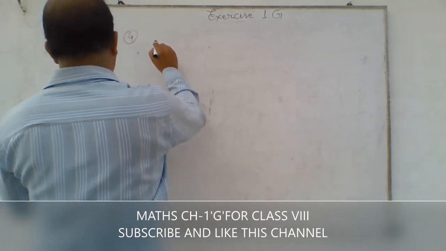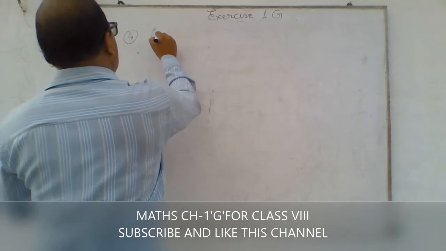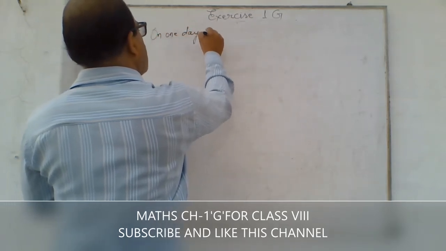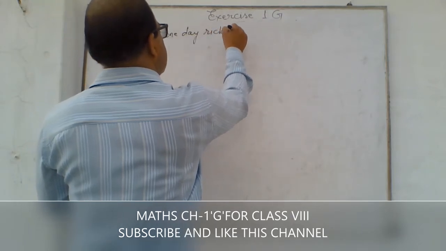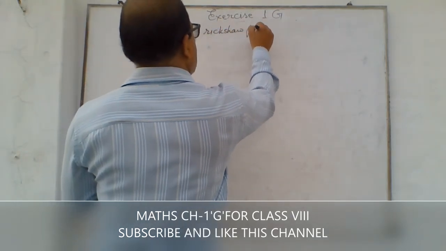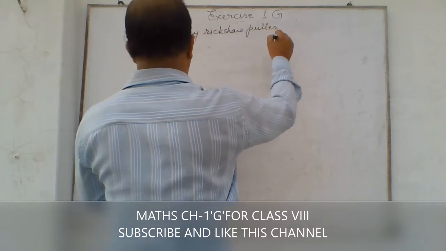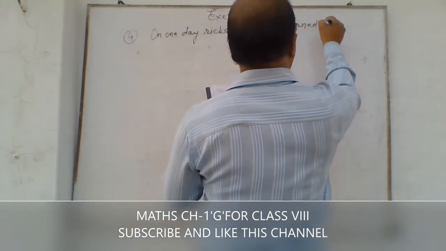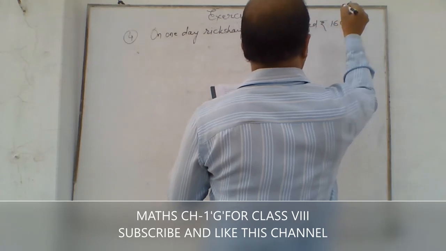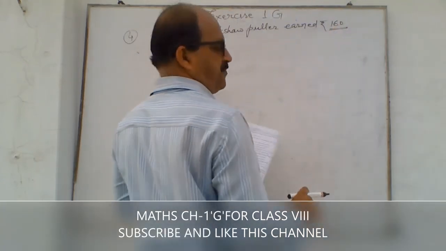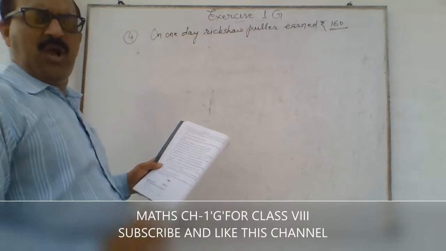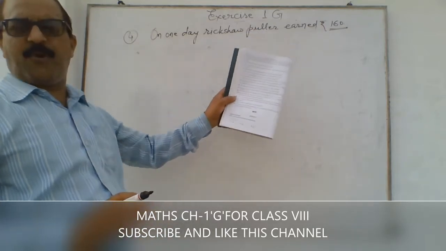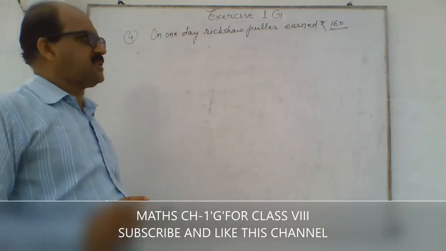On one day, the rickshaw puller earned rupees 160. This one is the earning of him. Okay, and now collect the total expense, then subtract from the earning, you will get the answer.